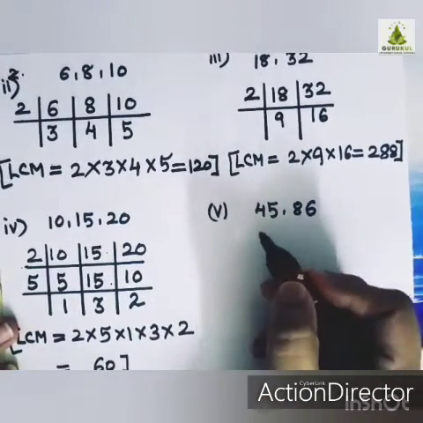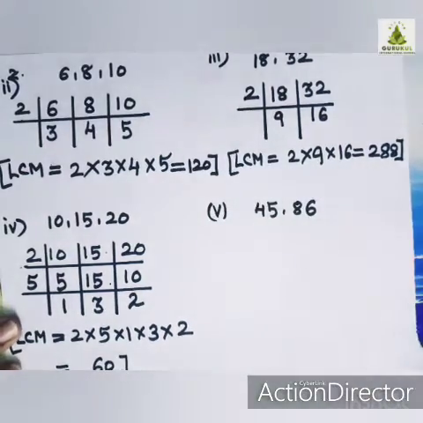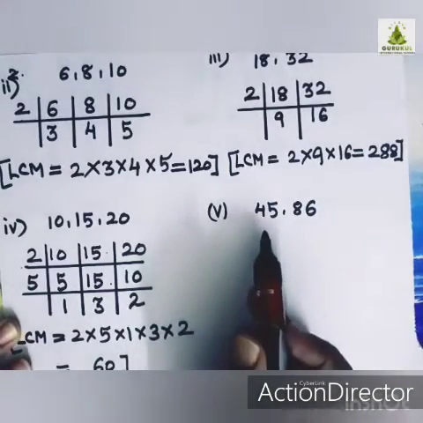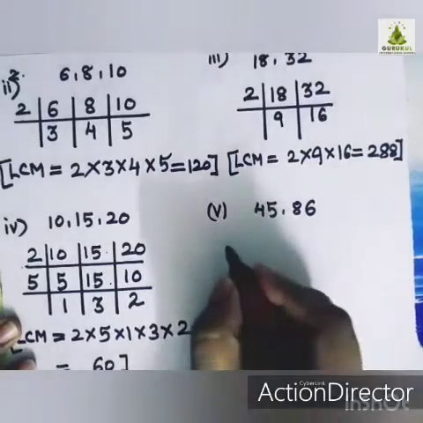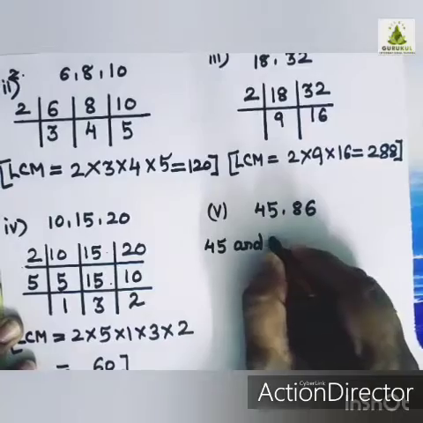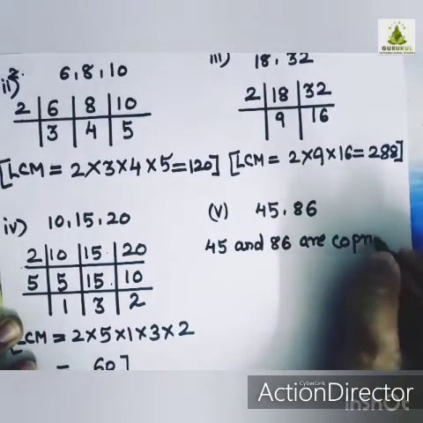Now fifth one, or fifth sum, if you see, they are co-prime numbers 45 and 86. Means there is not a single number by which you can divide both the numbers. So we'll write here 45 and 86 are co-prime.